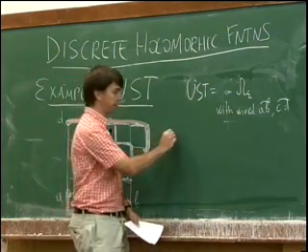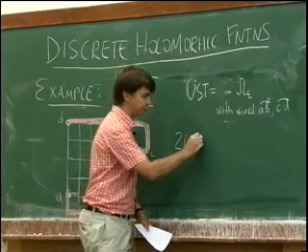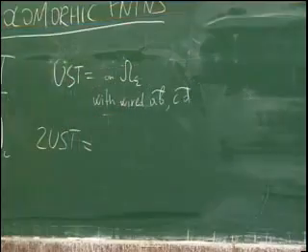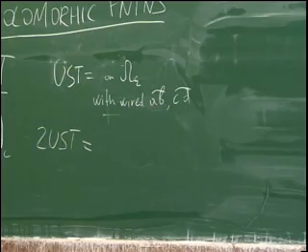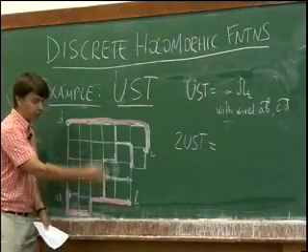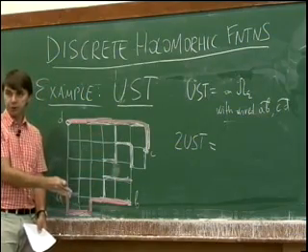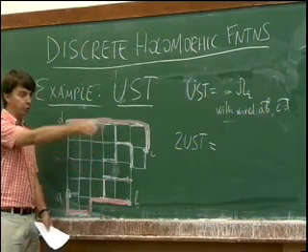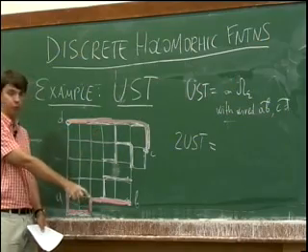So let's denote it UST, and this is a forest of two trees, which you obtain if you cut the connection between top and bottom here. So it's a forest which has two trees, one rooted on DC and one rooted on AB.